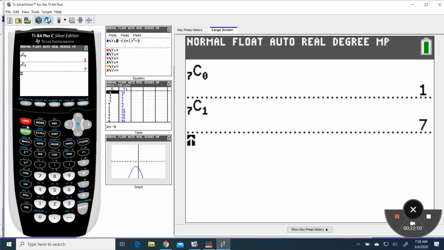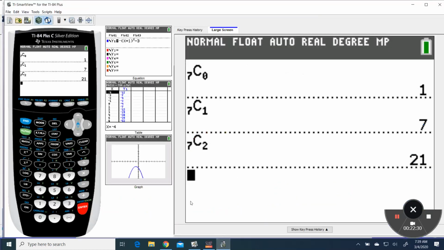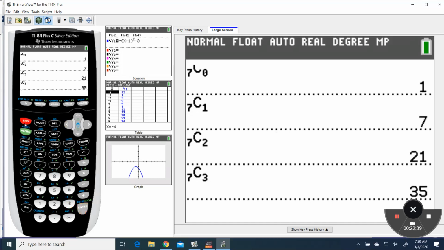What are these starting to look like? See if your idea follows through. What are these numbers? Yeah, those are the Pascal's numbers, the 1, 7, 21. So if we do this 2 more times, it should give me 35 and 35. If I change that 2 to a 3, there's a 35.